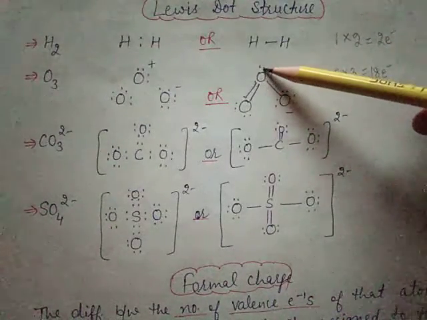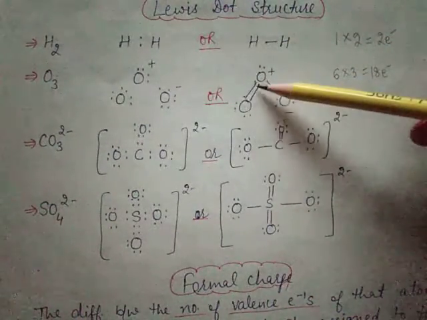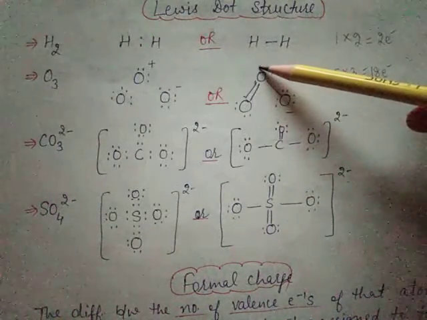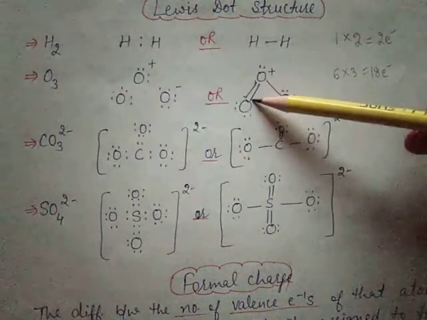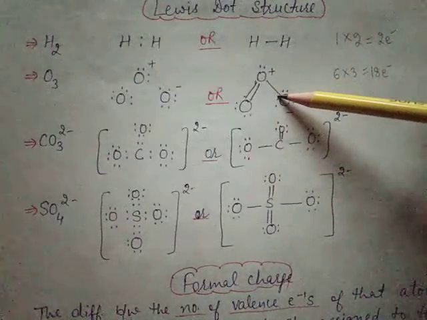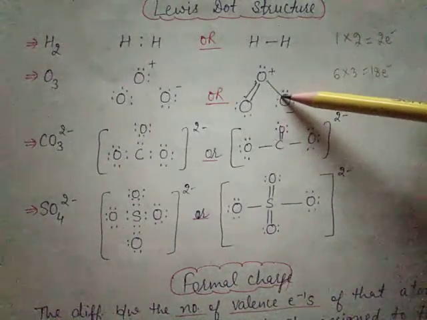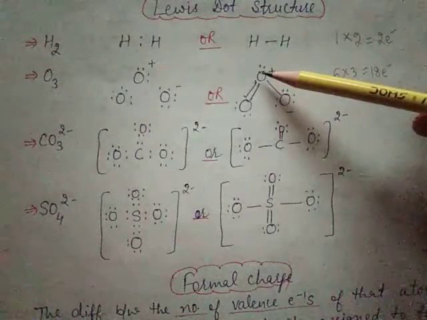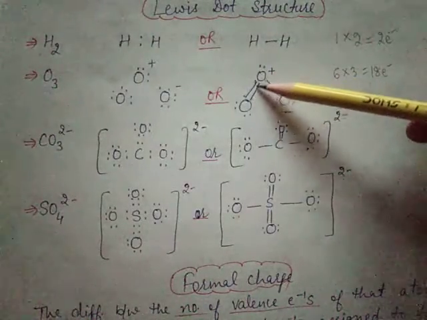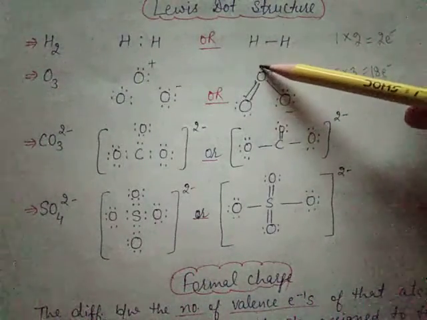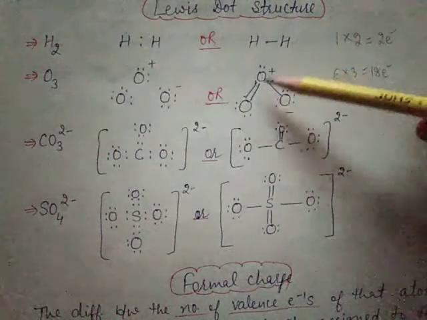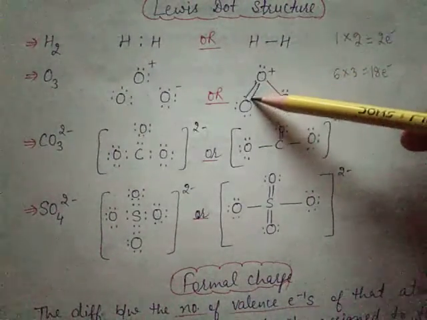Here 6 electrons are present, and 1, 2, 3, 4, 5, 6, 7 and 8 electrons are present here. So in this case we form a double bond, because 6 are there and 1 is left, so it will form a double bond with this atom.